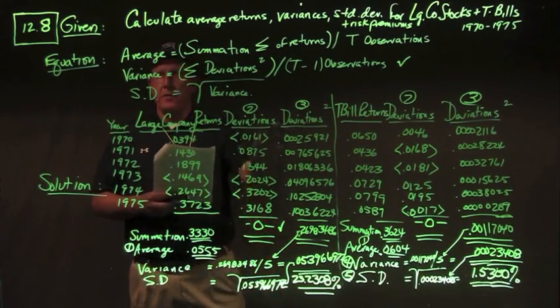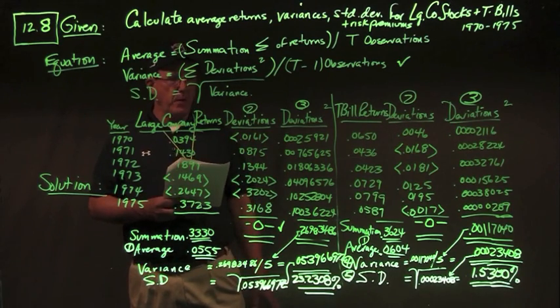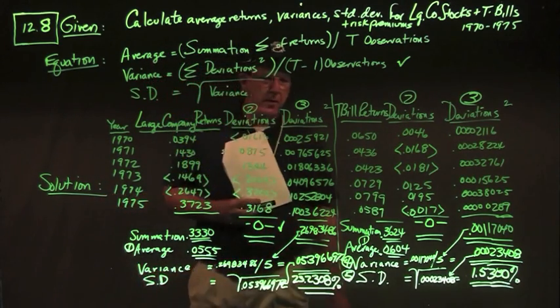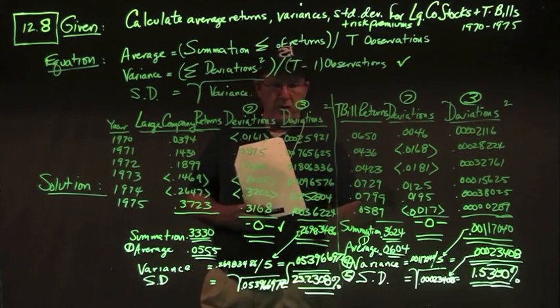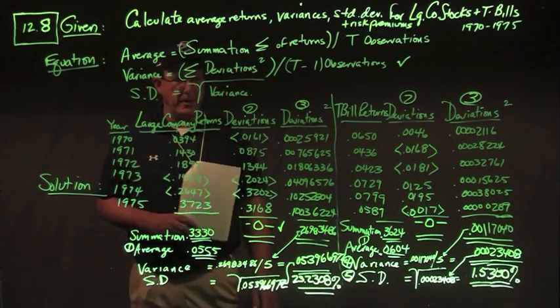The challenge part of this problem is to calculate then the risk premium. What is the risk premium I demand above and beyond the T-bill rates if I invest in large company stocks?